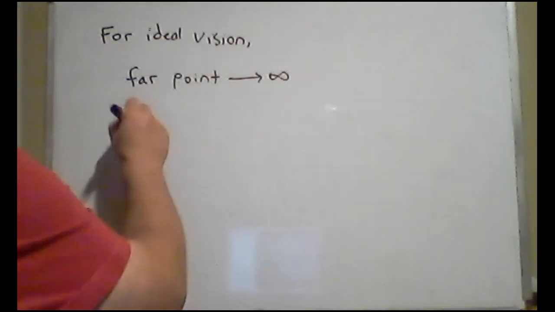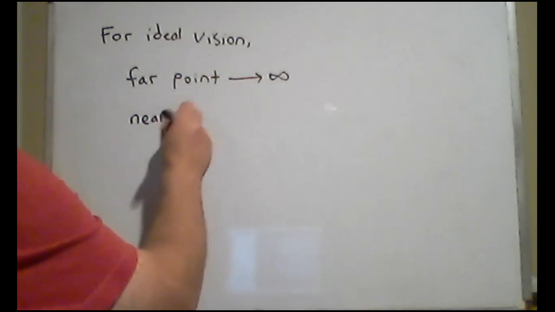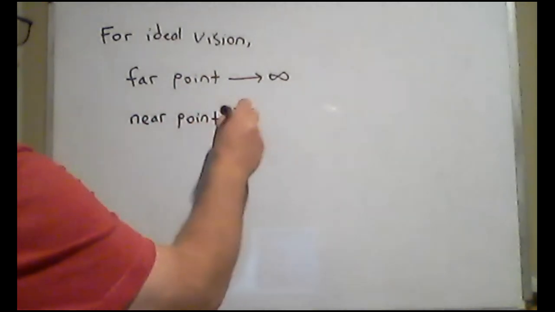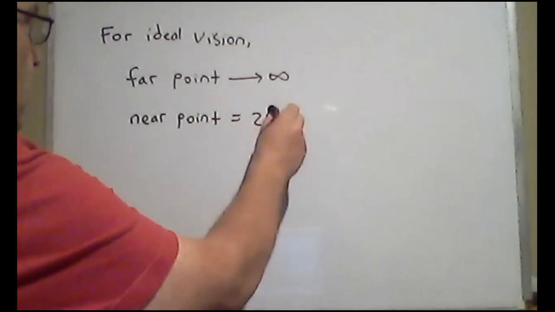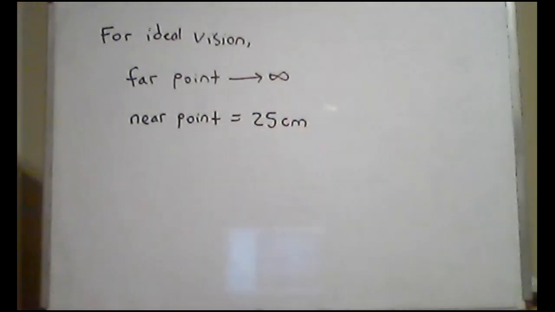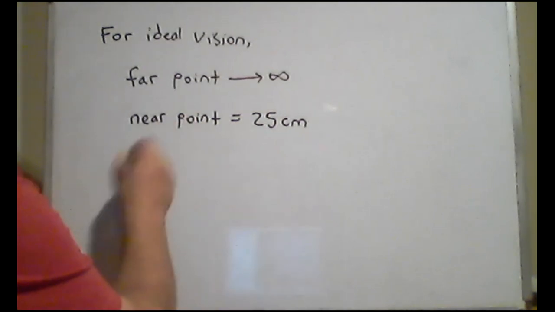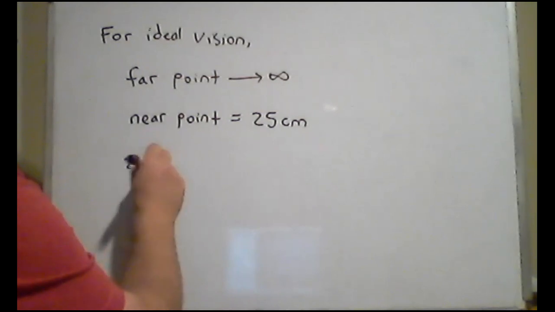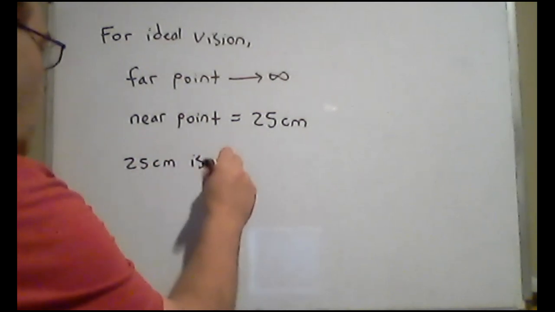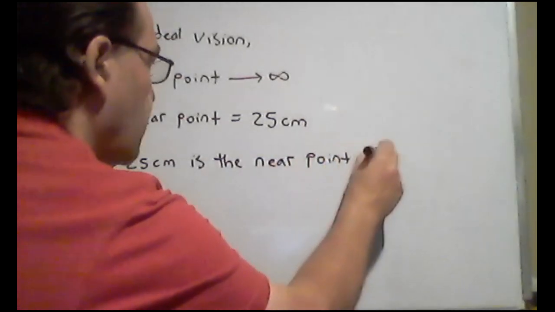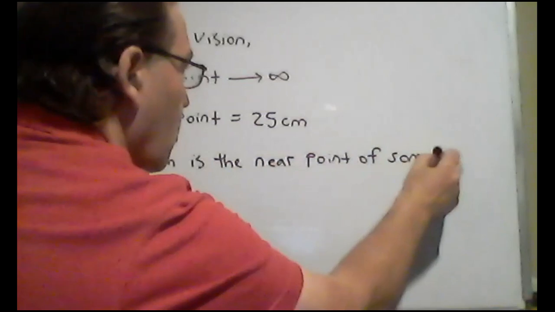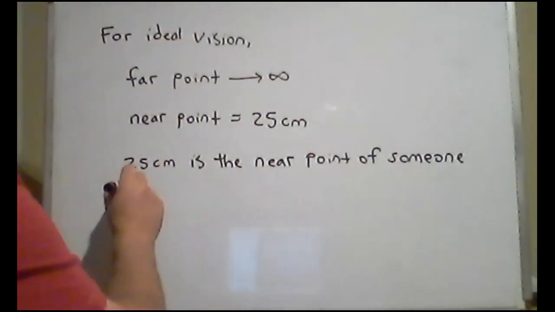We take the near point, by definition, to be about 25 centimeters. Now, 25 centimeters is the near point of somebody who's typically in their 40s.